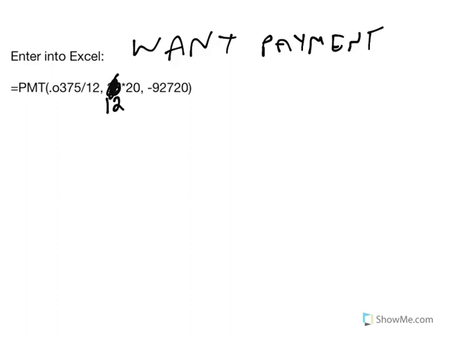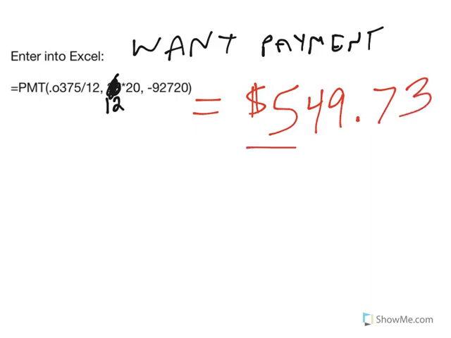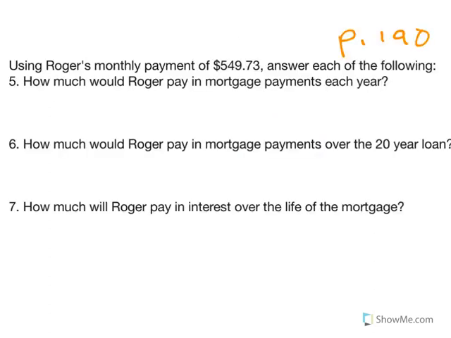And then this last number is negative because that's how much Roger is going in debt. So it wants to be negative. Well, maybe it doesn't want to be, but it is. So when you type that into Excel, you end up with a mortgage payment of $549.73 per month. So that is what Roger's going to be paying for this house.